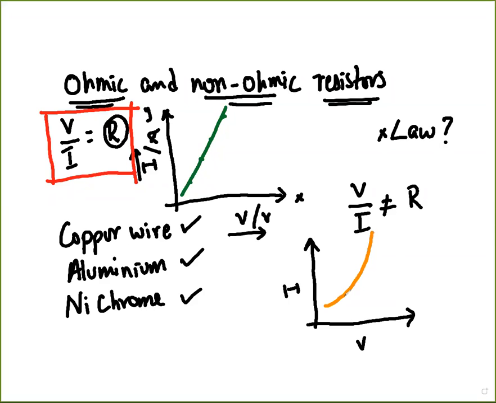So that means the slope of the curve at that point will be the tangent at that point, correct? So this is the slope at that point. If you take another point, the slope of the tangent at that point is going to be different. So if the slope is representative of resistance, that means that when you increase the voltage, the resistance is increasing.